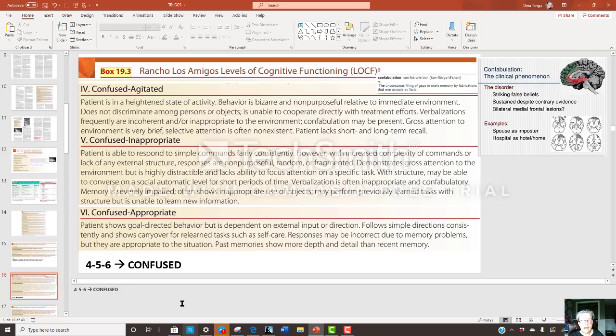At this level, the patient can show carryover for relearned tasks such as self-care.